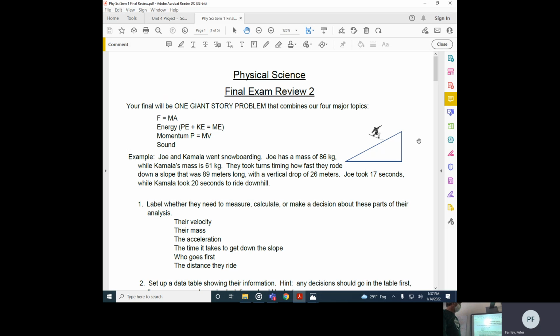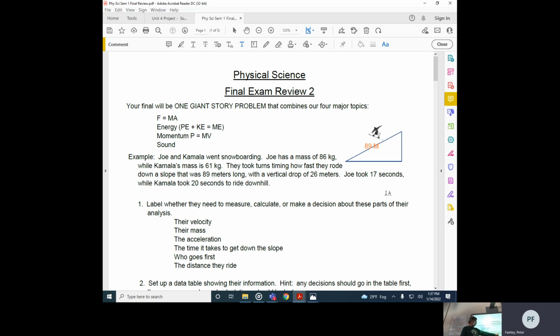Let's look at this diagram. Which of these is the 89 that they skied down, that they rode down? Yeah, it would be this, huh? 89 meters. That's the distance they actually went, huh? So what's the 26? What's this 26 in here?